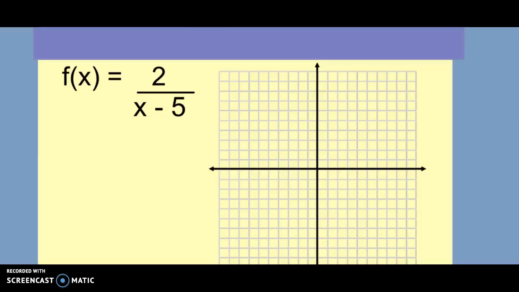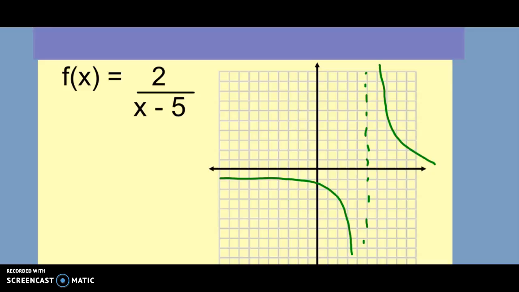So it's going to be a little bit wider, and I'm not going to draw a real exact graph, but the asymptote is going to be at 5. So I'm going to draw a little dotted line here. I do believe that it's probably going to look like that. I'm not using a calculator and I'm not plotting points, but I'm going on memory, so I could be a little wrong. But it's going to look something like that.